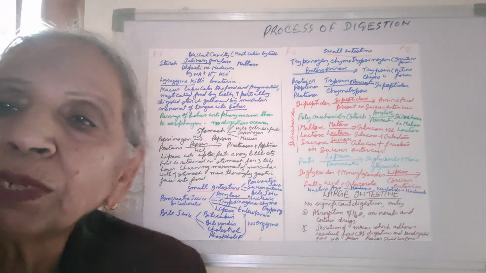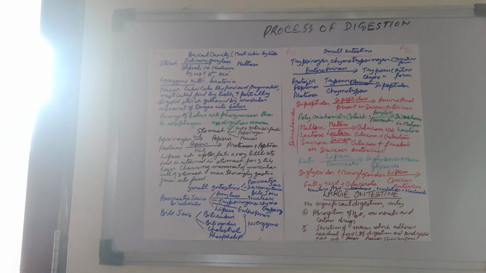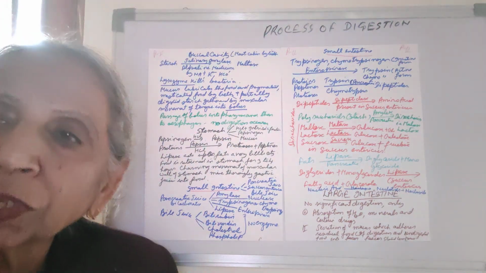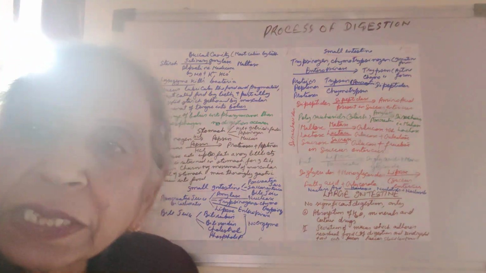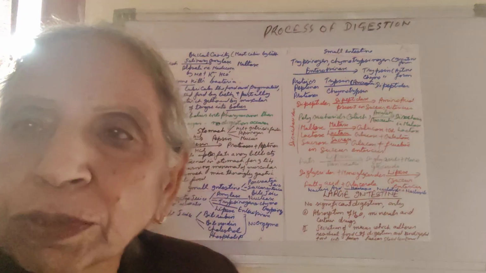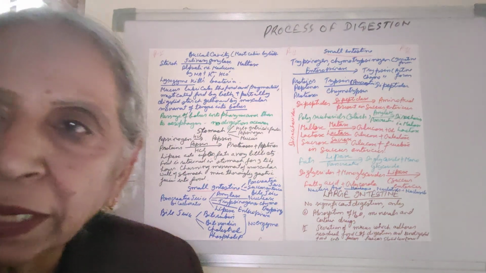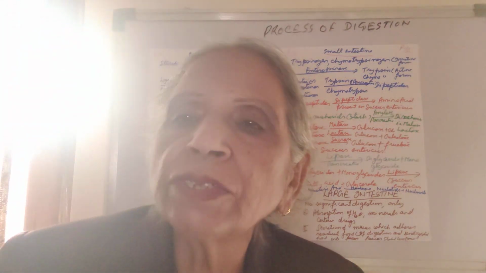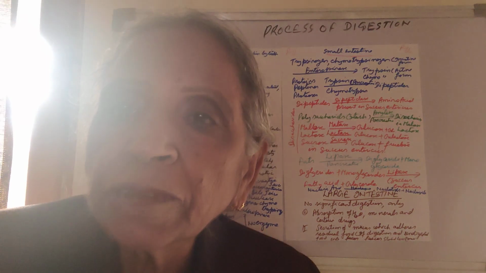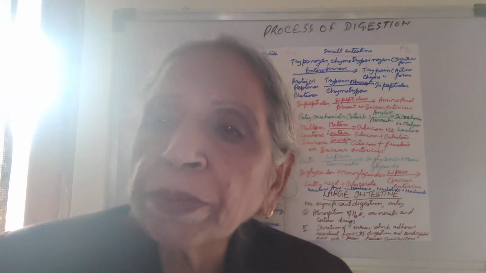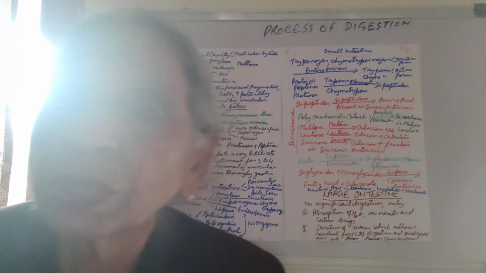In the stomach, food is retained for 3 to 4 hours. In the mucous wall of the stomach, gastric glands are present. These gastric glands contain 3 types of cells: mucus secreting cells, that is mucous neck cells; oxyntic cells, which secrete HCl and intrinsic factor; and peptic or chief cells, which secrete an inactive enzyme, pepsinogen.